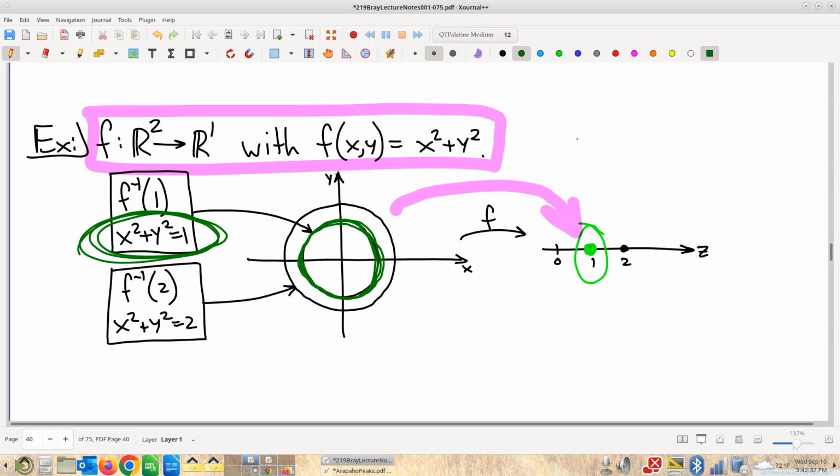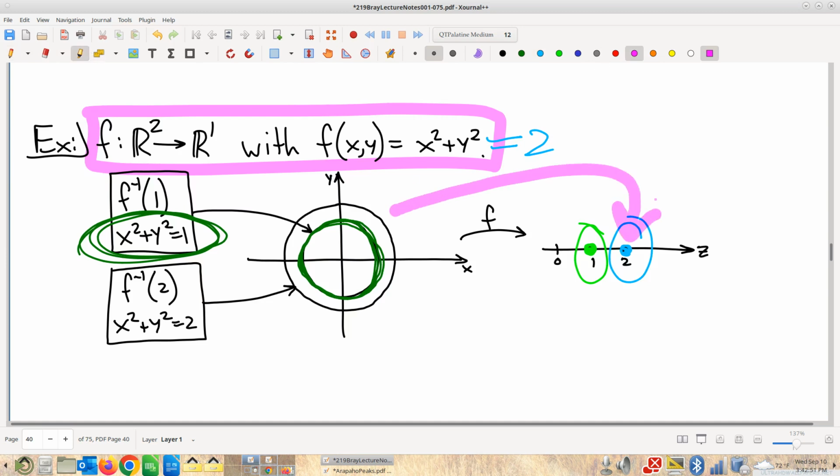Now, by the way, you can do this for as many points as you want. Let's do this for the output value 2. For that output value 2, what points does this function take to 2? Said differently, what are the solutions to that equation?